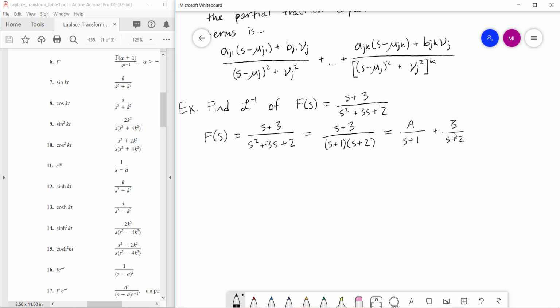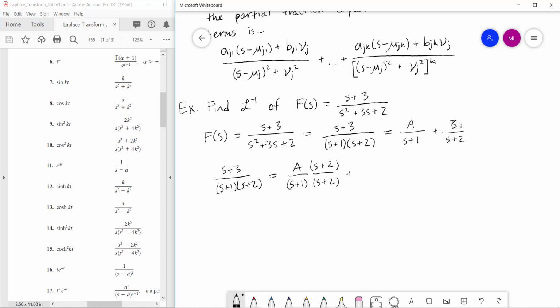So if I were to try to rewrite this back in this form, I would need to make a common denominator. In this case, I need to multiply this one top and bottom by s plus 2, and this one top and bottom by s plus 1. So we'd have s plus 3 over our s plus 1 times s plus 2 term equal to a over s plus 1, multiplied top and bottom by s plus 2.